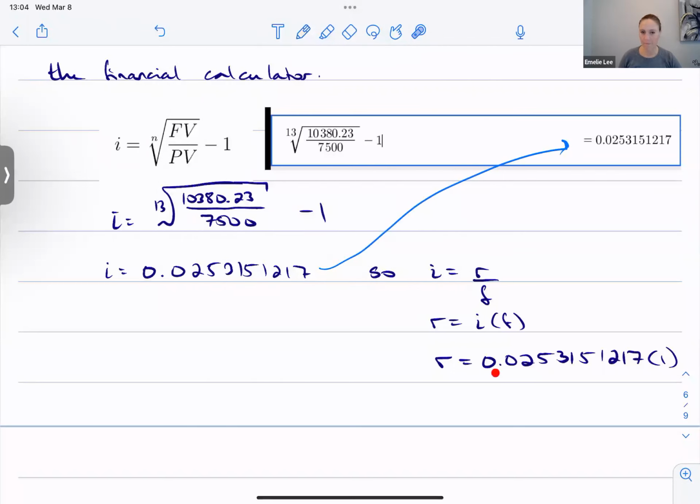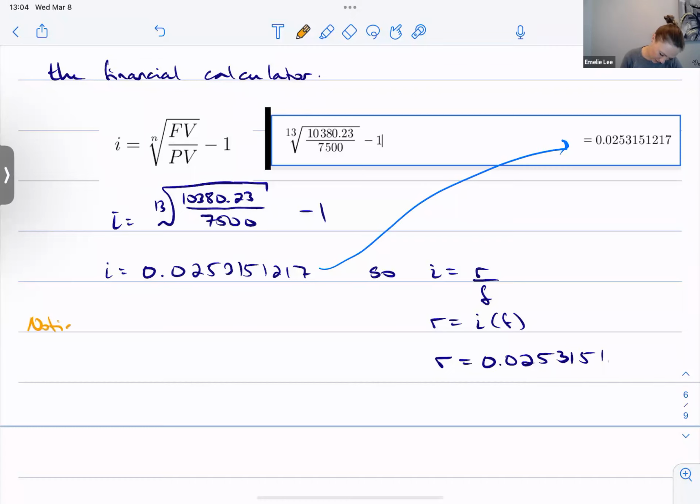Notice that the difference between 2.5% compounded continuously and 2.5315% compounded annually is just so minor, right?